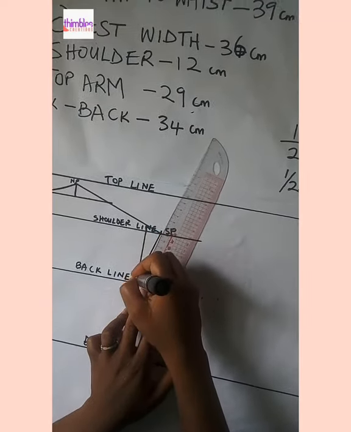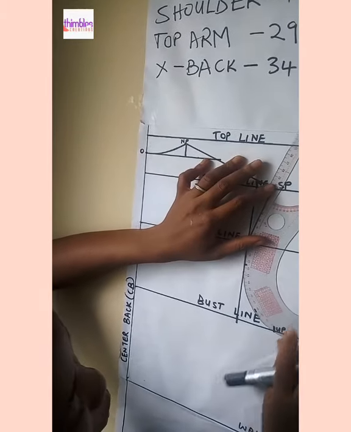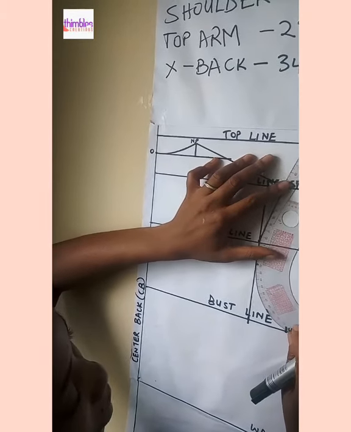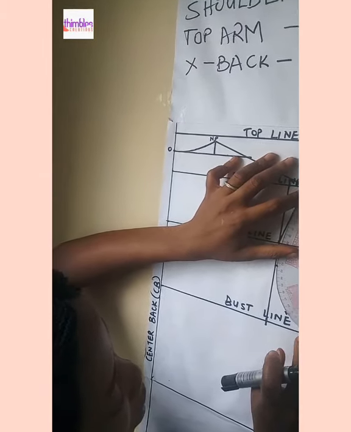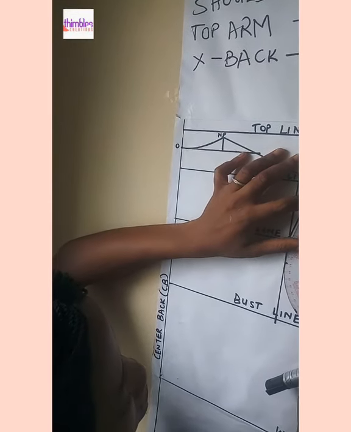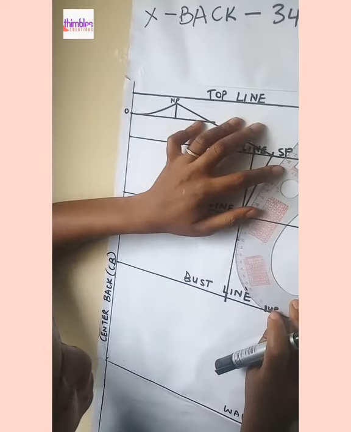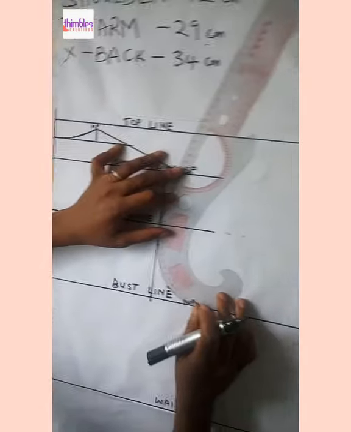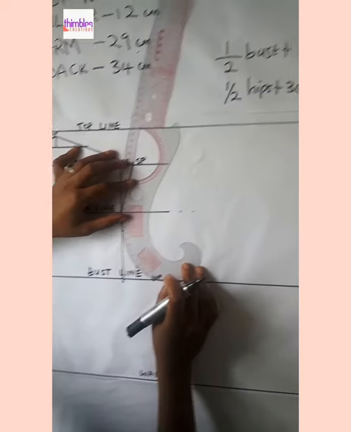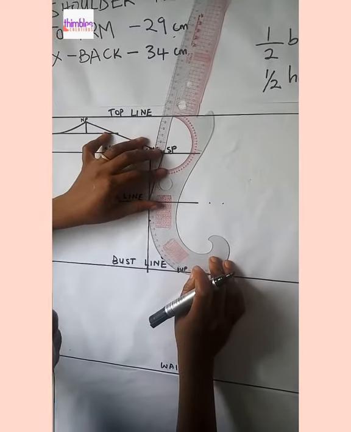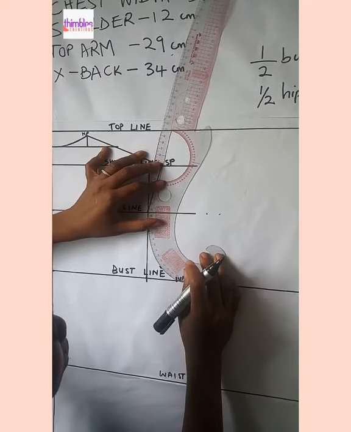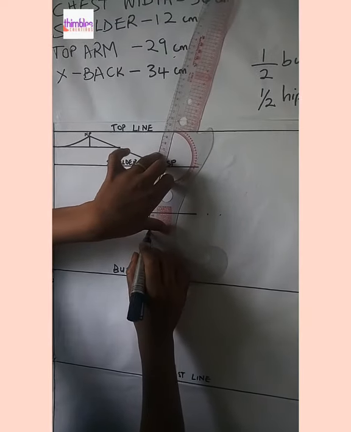And then from here to here to here. I'll keep moving my curve until it aligns with these 3 points: 1, 2, 3. Okay, so I'll draw my line.